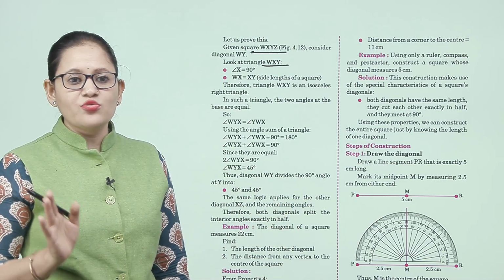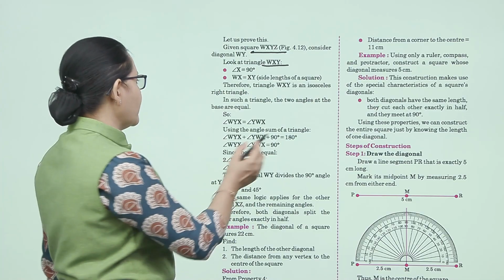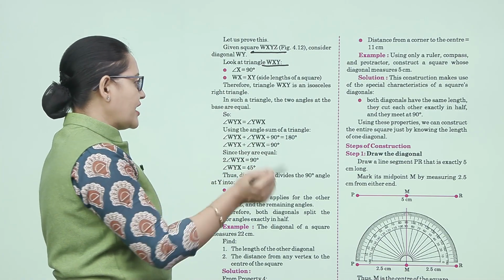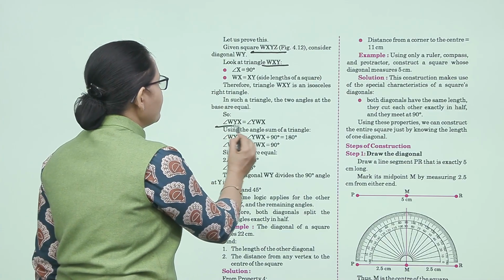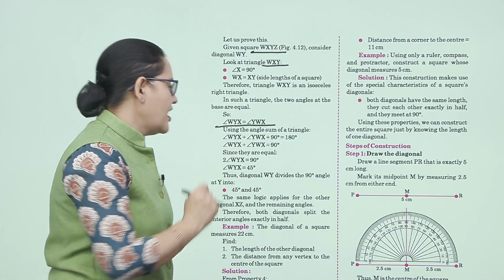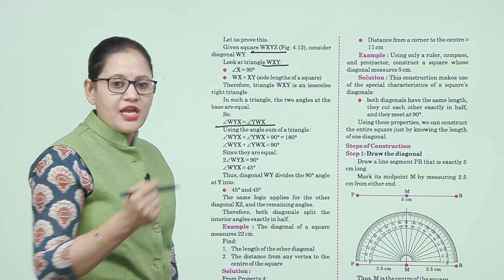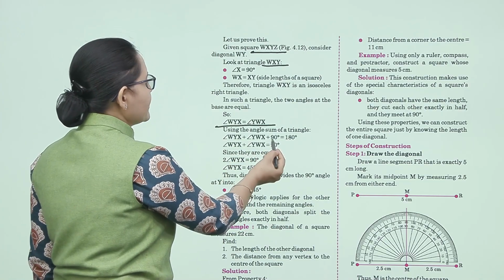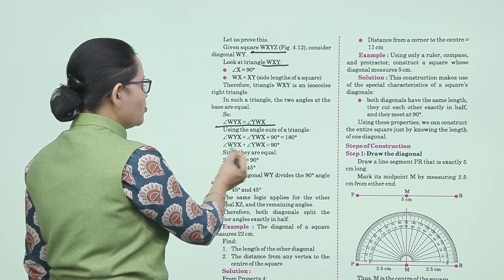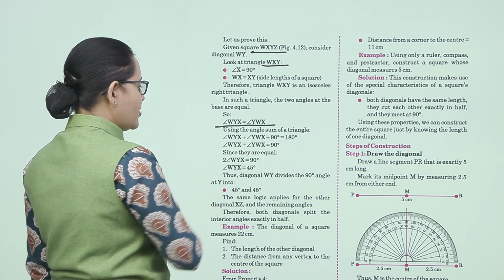In such a triangle, the two base angles are equal, meaning angle WYX and angle YWX are equal. Using the angle sum property, two angles plus 90 degrees is 180 degrees. Now these two angles are equal to 90 degrees.